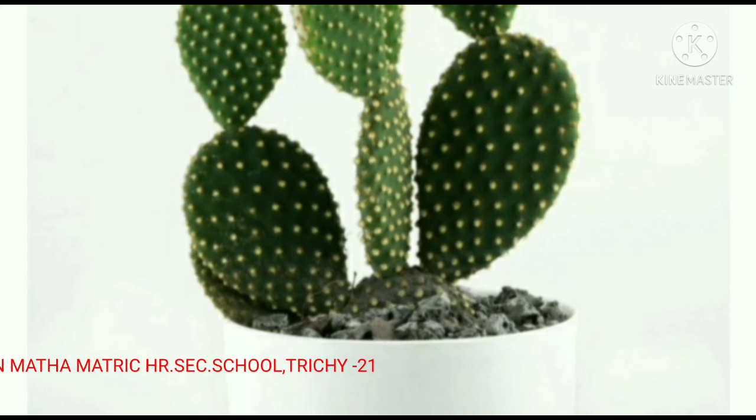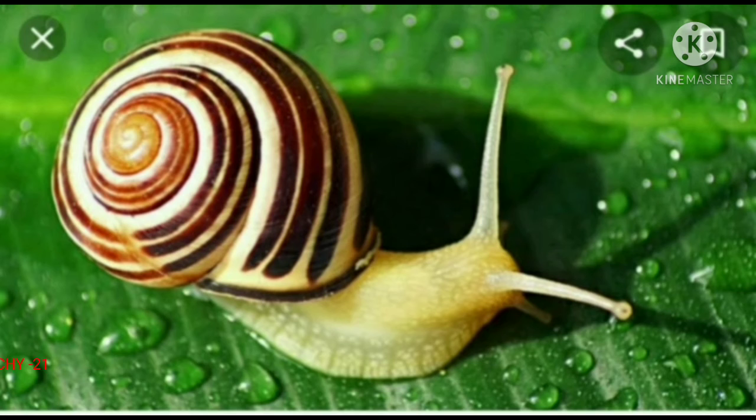Now let's see some visual examples for patterns of oval, spiral and bangles. First, here is an example of an oval shaped pattern. Do you see a cactus plant? Yes, the cactus is an example of an oval shaped pattern. Next, let's see the next pattern.